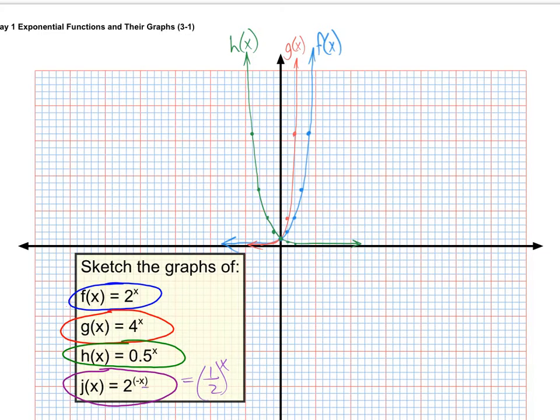Let's think about that. It's the same as 2 to the negative 1, to the x, right? So what do we know about j of x? It's the same as h of x. Yeah, these graphs are actually the same.